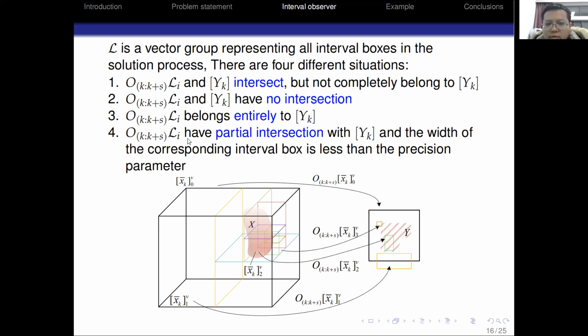The fourth situation is when OXk has partial intersection with Y, and the width of the corresponding interval box is less than the precision parameter, such as OXk3 and the Y interval. So we have these four different situations, and we should analyze these four situations.